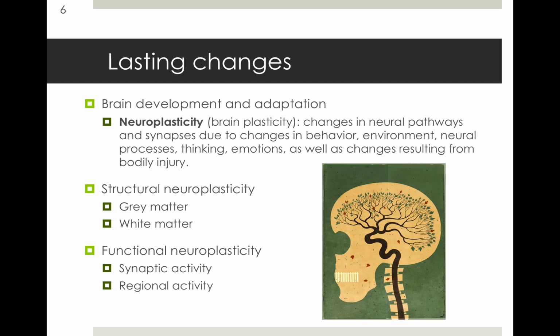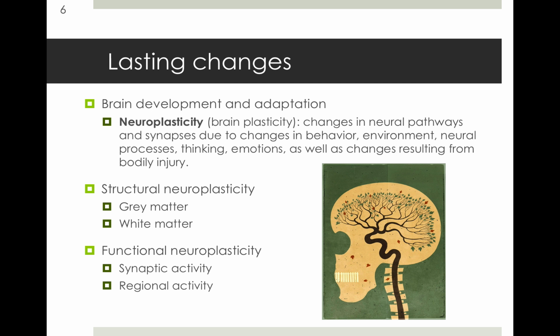And then in contrast, something that might be a little bit shorter term and more flexible is functional neuroplasticity. And you can think of that as regional activity changes, right? So areas of the brain becoming more or less active over time as a result of learning, right? Or you could also think of them as synaptic activity. And so the classic saying, cells that fire together wire together.